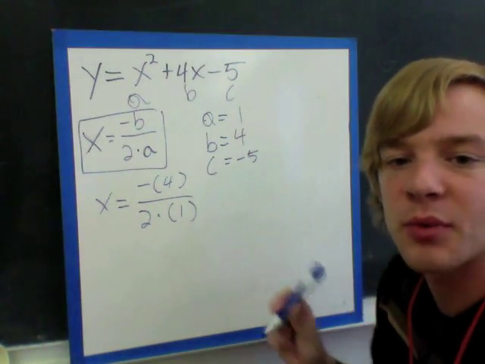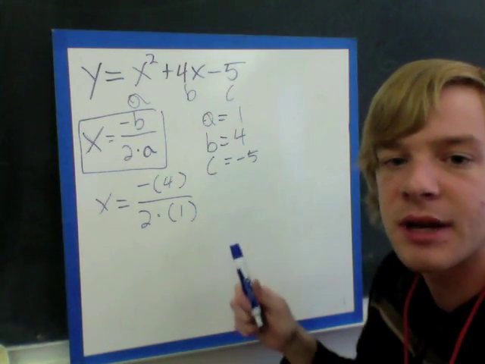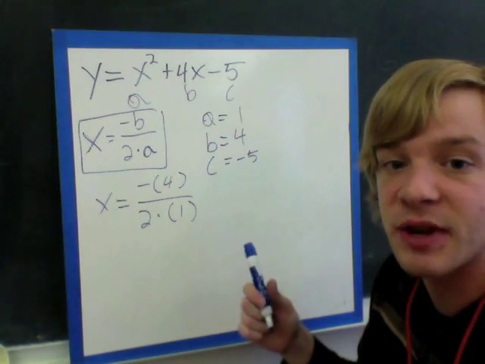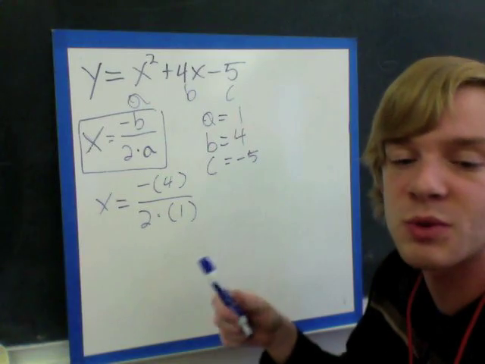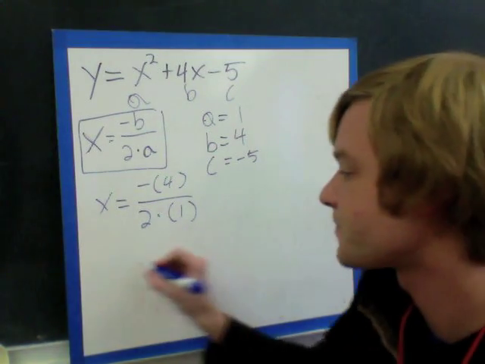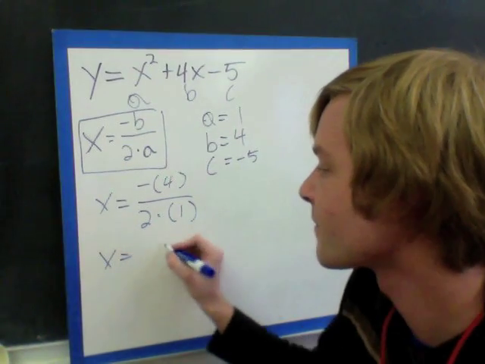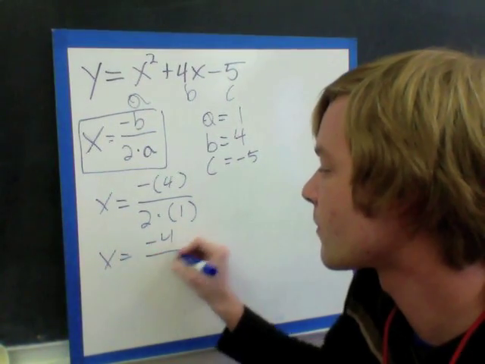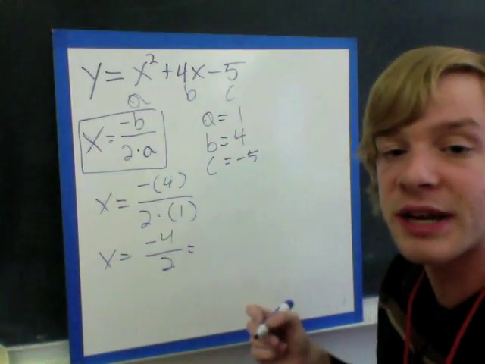So I put the 1 on the inside of the parentheses here. Now I'm just going to go ahead and simplify. So I'm going to have negative 4 over 2 times 1. 2 times 1 is 2. So I'm going to have negative 4 divided by 2. And that's equal to negative 2.